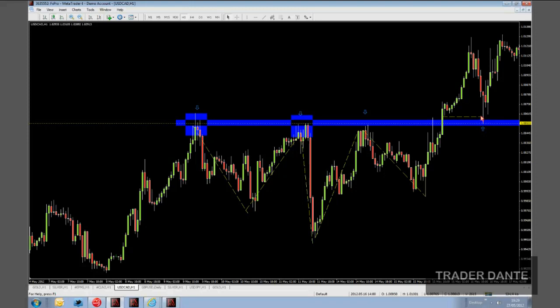Now, to quantify, I get a lot of questions about space. How much space do we need? How many bars makes up that space? And to be honest with you, it's not something that you can quantify. I've never been able to look at it and say, right, you need at least 10 bars before we come back or anything like that.